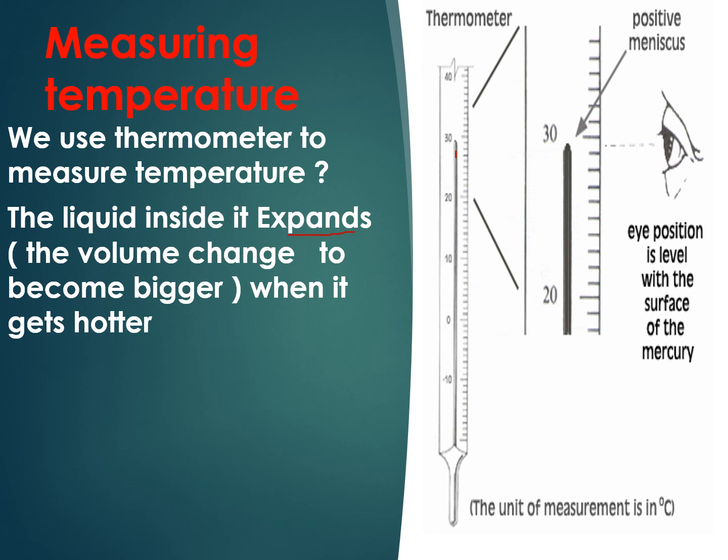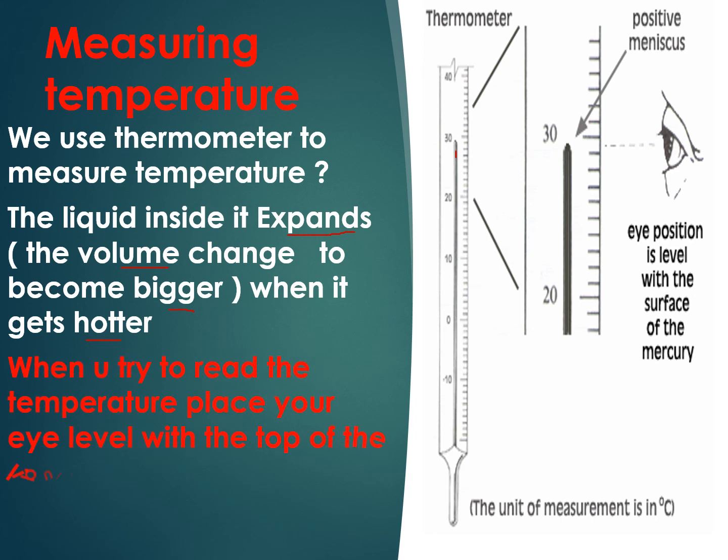What is the meaning of expands? The volume changes to become bigger when it gets hotter. When this liquid gets hotter, its volume becomes bigger, so it will move up, or go down with low temperature.